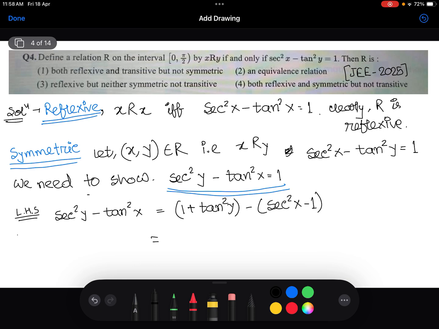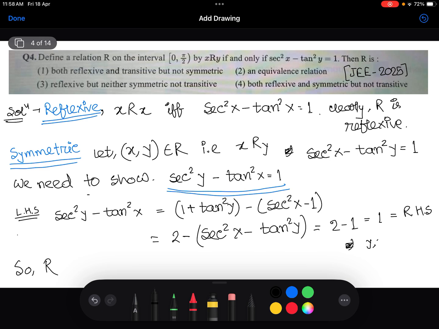So if we do it like this, we get 2 minus sec square x minus tan square y. Just simple calculations, right? Now we already have sec square x minus tan square y equals 1. So 2 minus 1 equals 1, that is the RHS. So from here we get that (y, x) belongs to R. So R is symmetric as well.